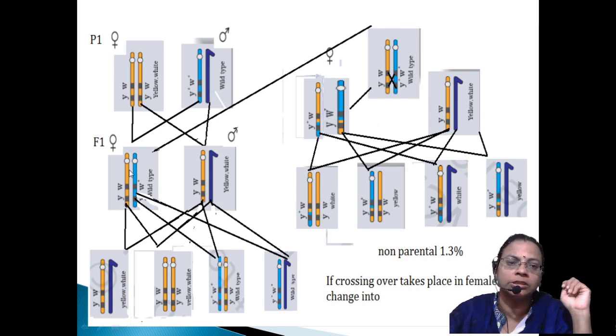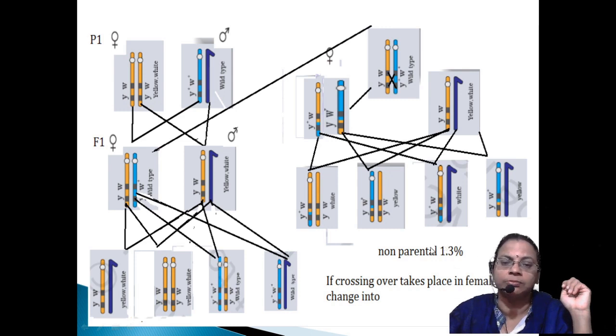If the distance is more, there are more chances of genetic exchange, the crossing over. Because if it is located here, it can very easily break into pieces. Then it can rejoin.